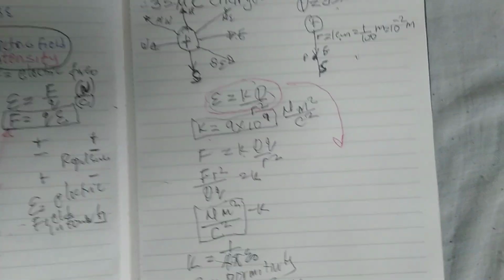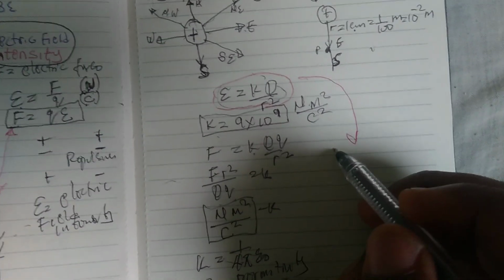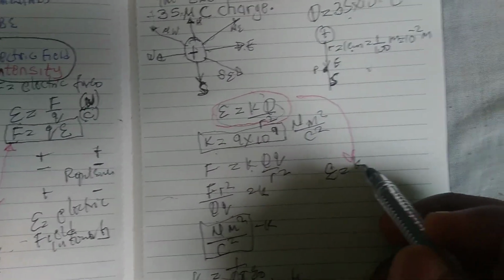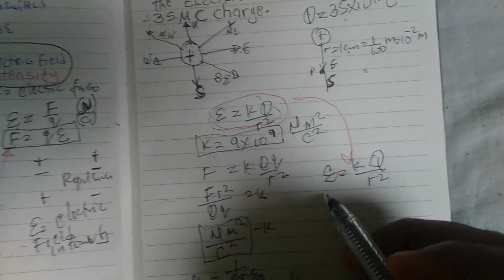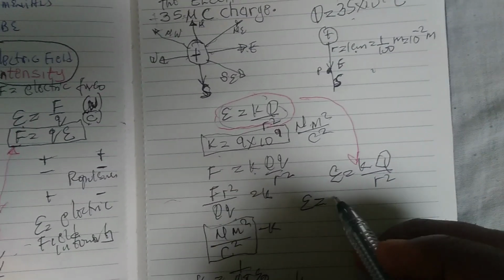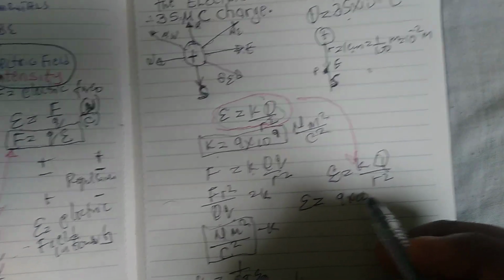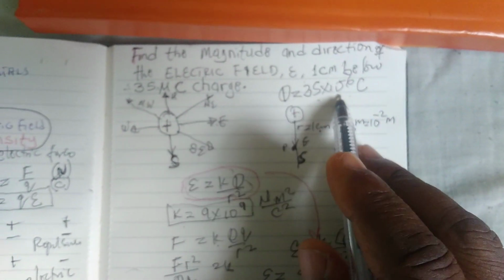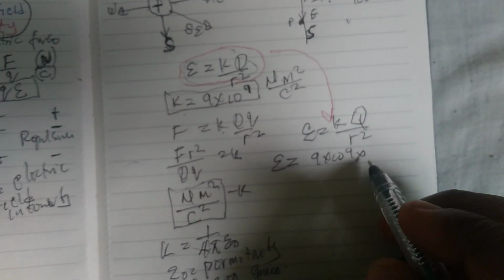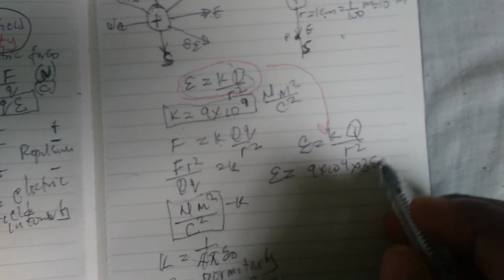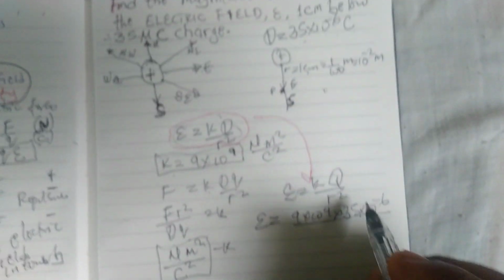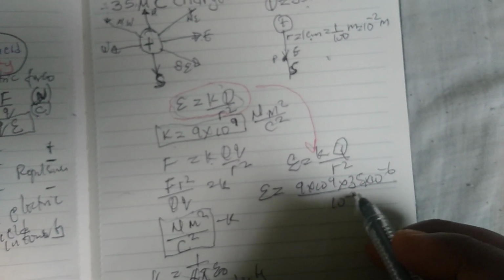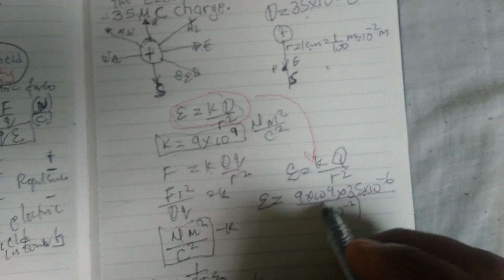So my E now is equal to k q divided by r squared, which is equal to 9 times 10 raised to 9 times the q, which is 35 times 10 raised to minus 6 coulomb, then divided by the r square, which is 10 raised to minus 2, then everything squared.